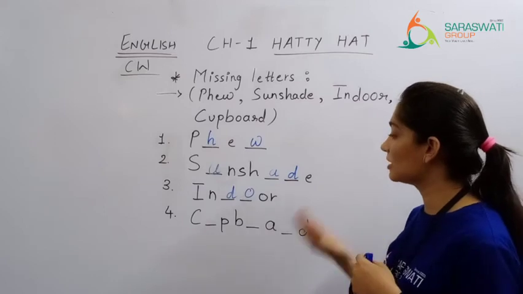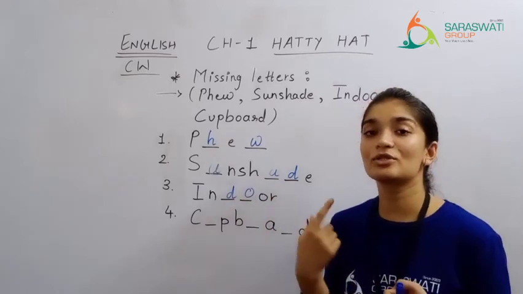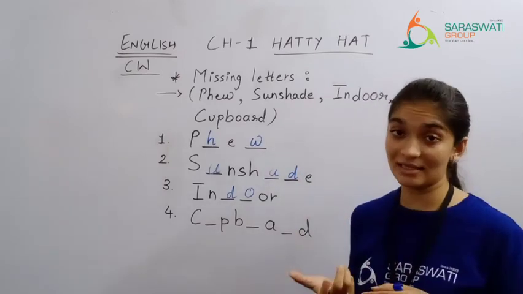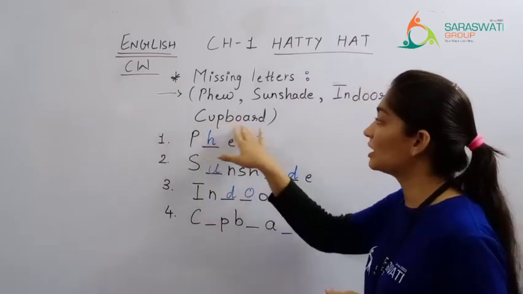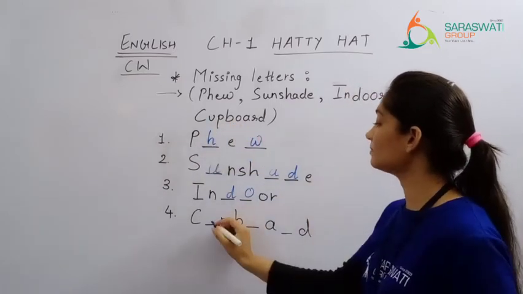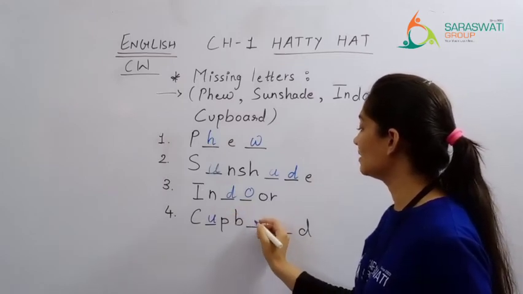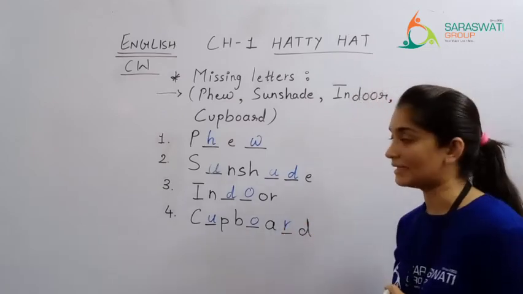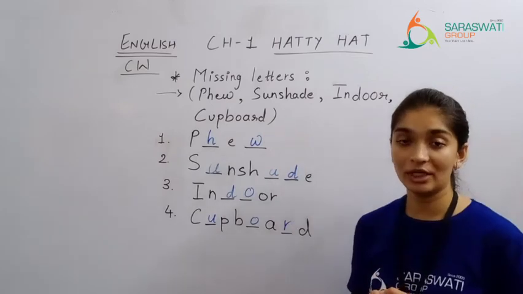Now let's move to the next one, which is starting from C. So you are supposed to look from the above given words in the bracket. Which word starts with C, right? So it is obvious that the word is this one. C U P B O A R D. So the word is cupboard, right?